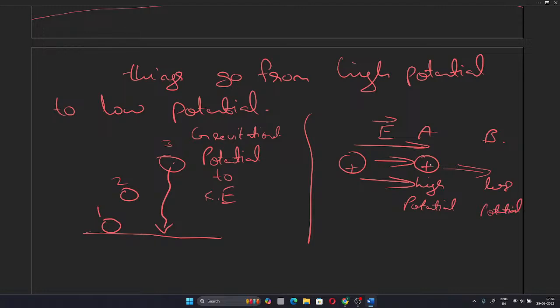Because of that, the charge will opt to go from A to B. This is also a way of defining why this charge, when placed near a positive charge, will experience force. This force is due to the charge being at high potential and going to low potential.